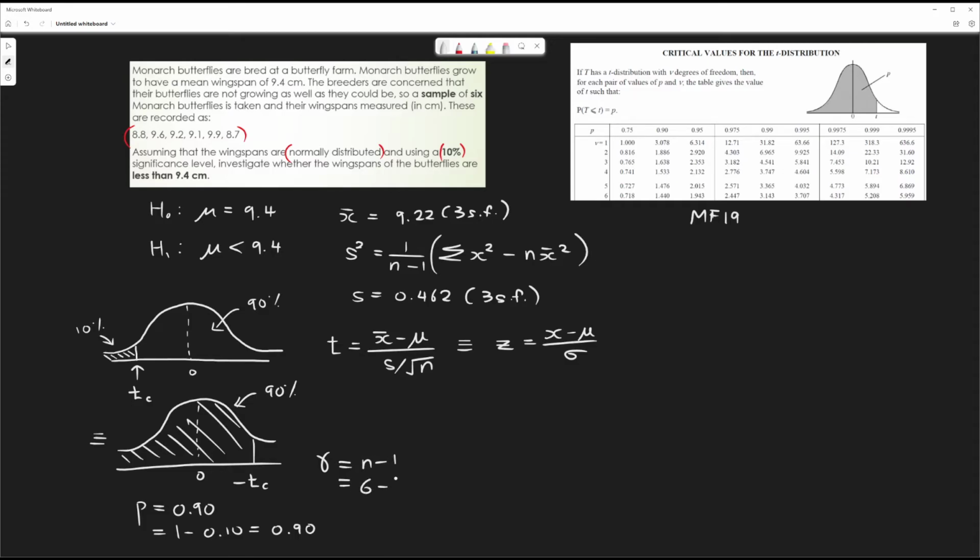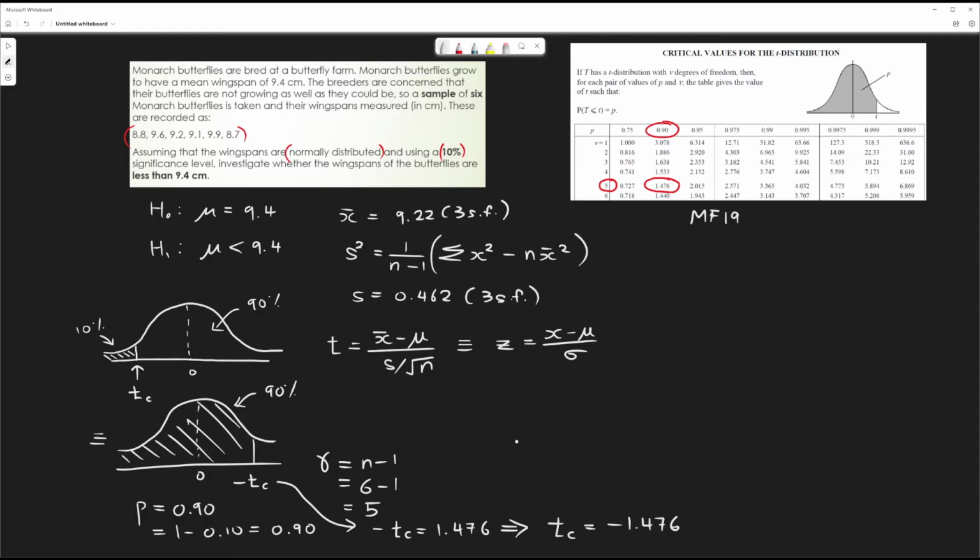We have 6 butterflies, so that's 5. Looking at our MF19 table, when the degrees of freedom is 5 and our percentile is 0.9, the critical value is 1.476. So negative TC is 1.476, which means TC is negative 1.476.